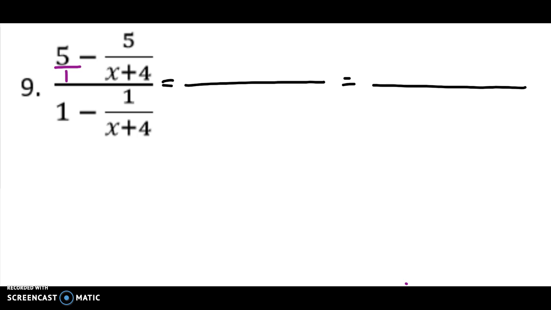So our common denominator is going to be x plus 4, because that 1 doesn't affect much. And remember, we talked about when we subtract, we're actually going to add and change the second sign to subtraction. Okay, so the first fraction needs to be multiplied by x plus 4.